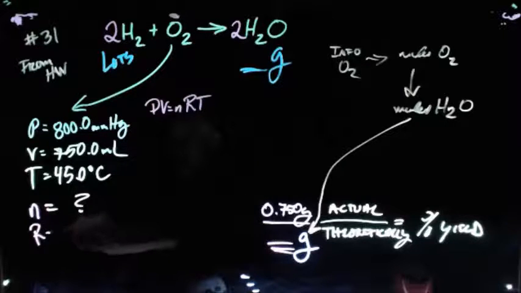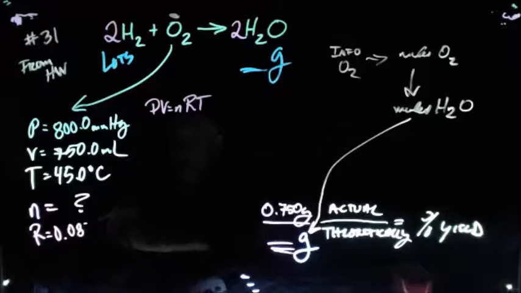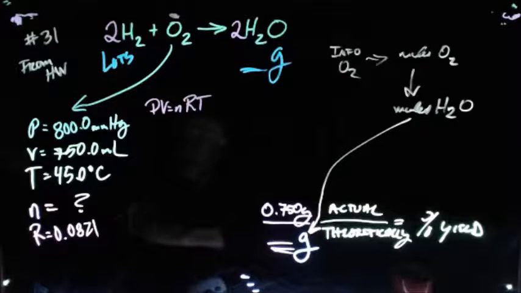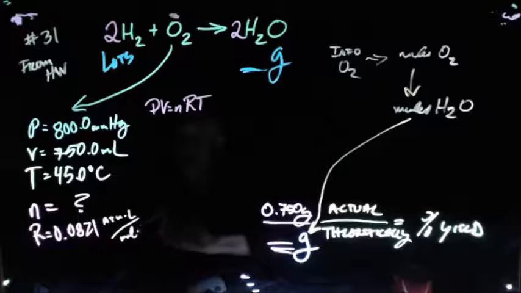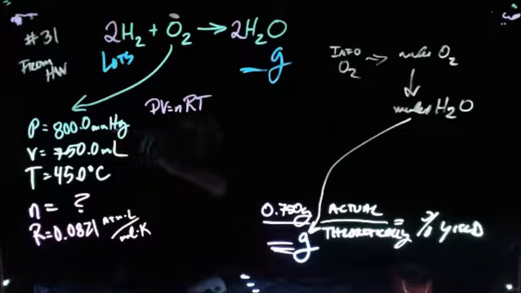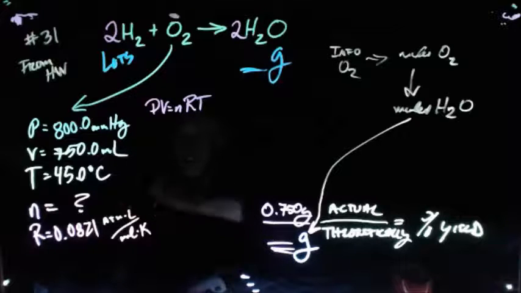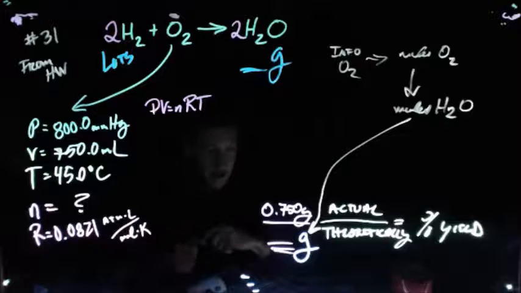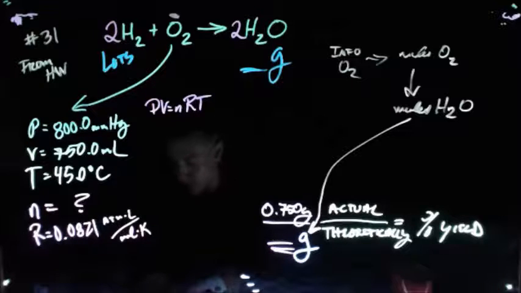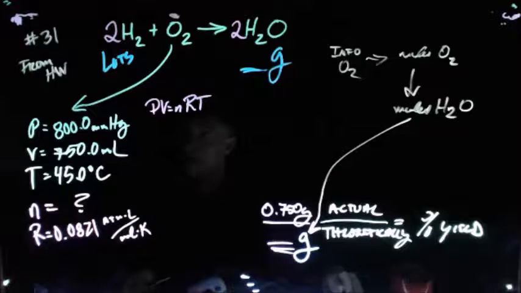R, as you recall, is 0.0821 atmosphere liters per mole Kelvin. That means pressure needs to be in atmospheres, which it currently is not. Volume needs to be in liters, currently not. And temperature in Kelvin. So a lot of converting needs to happen before I can work this out any further.